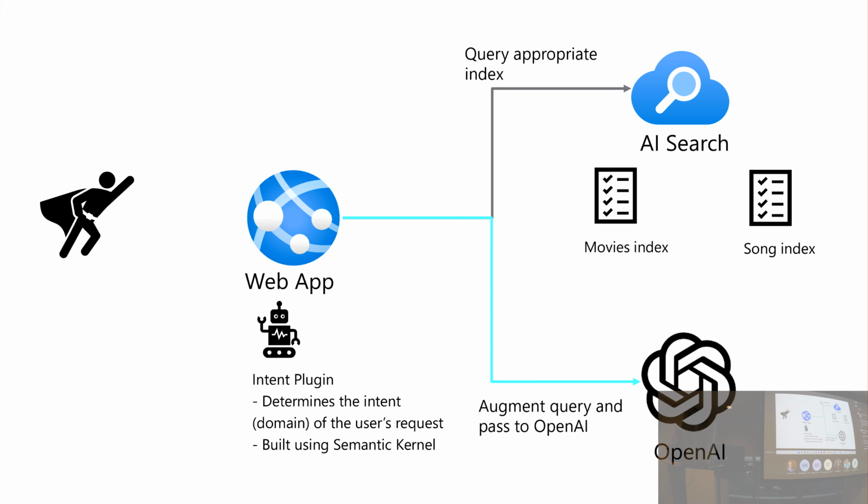AI Search does. And so you absolutely can say, this user is allowed to query this index or these documents inside the index, but not these other ones. And so you don't use the intent plugin for authorization at all, because it's non-deterministic. You can't guarantee that it will make the right answer. You use the intent plugin to try to choose the right index or to orchestrate how it makes the call. But you still need to implement the security to make sure the user is actually allowed to see any of that data before it gets passed to the OpenAI model to answer.